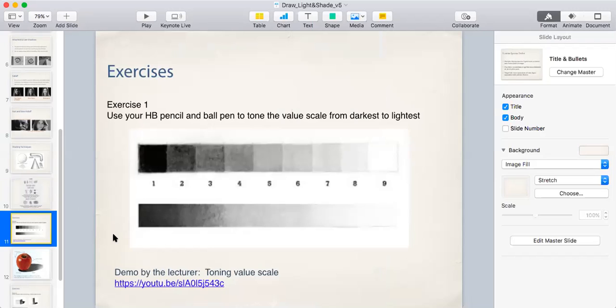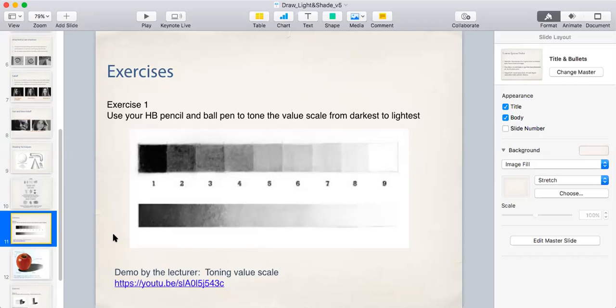So now you need to do some class exercise about toning. You need to draw the value scale from darkest to lightest. For the first one, you need to use HB pencil. And for the second one, you need to use ball pen or drawing pen.